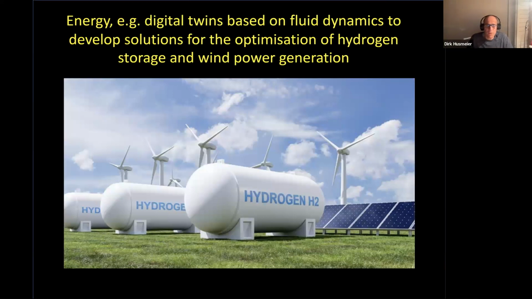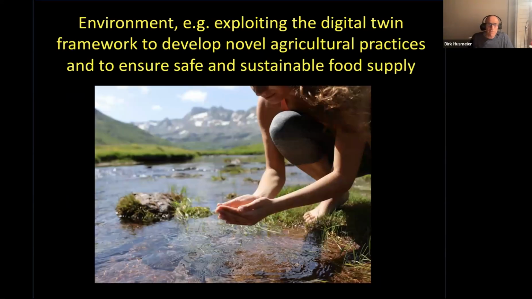For example, we want to use digital twins based on fluid dynamics to develop solutions for the optimization of hydrogen storage and wind power generation. We have environmental applications. We want to exploit the digital twin framework to develop novel agricultural practices and ensure a safe and sustainable food supply.